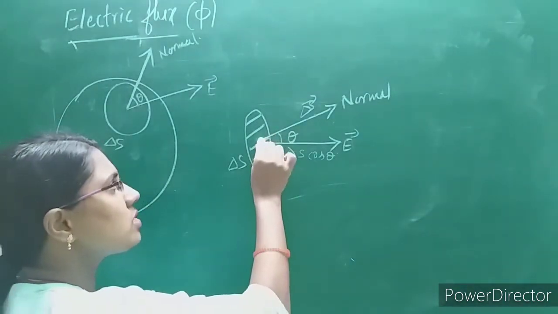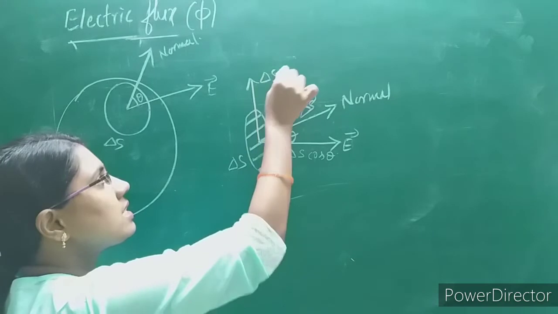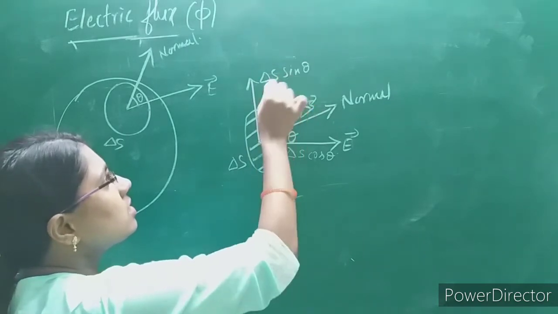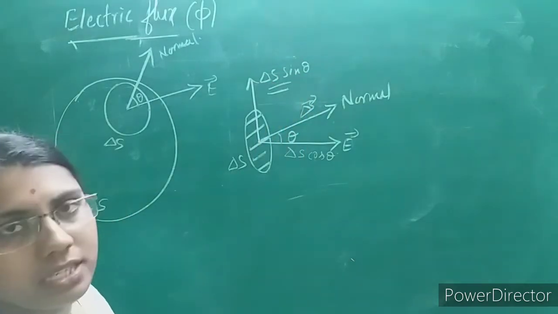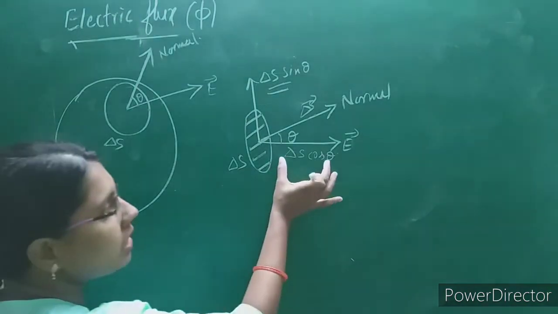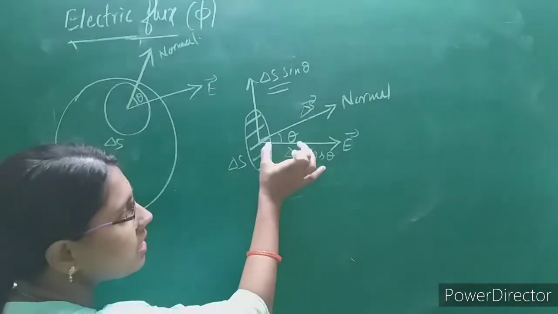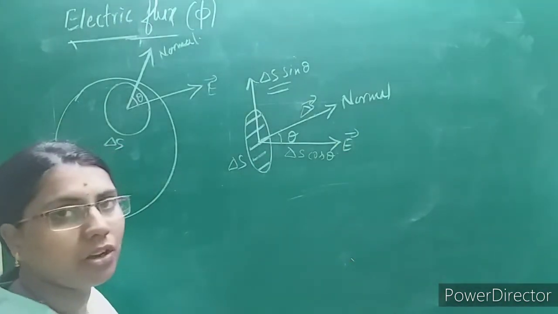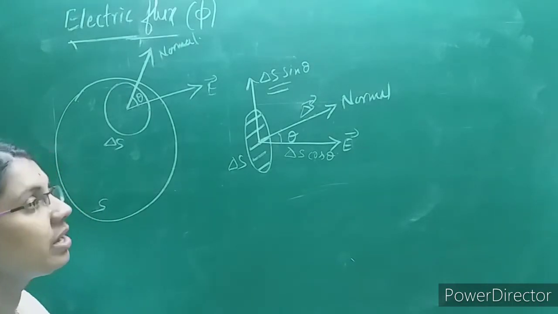If you resolve, here we get delta S sin theta, but we don't use this delta S sin theta. We need only delta S cos theta because this is the component acting along the direction of the electric field.